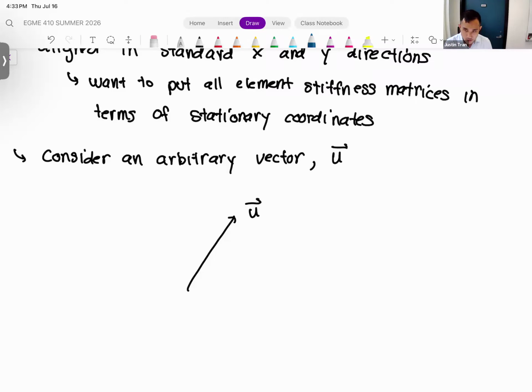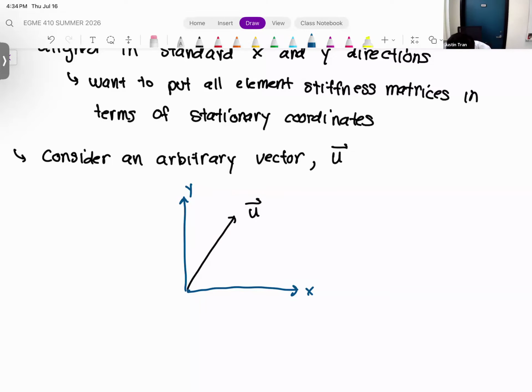Now, what I'm also going to do is draw in our two coordinate systems. So let's start with the stationary coordinate system. Under the stationary coordinate system, we can express the components of our U vector in terms of the stationary coordinates.